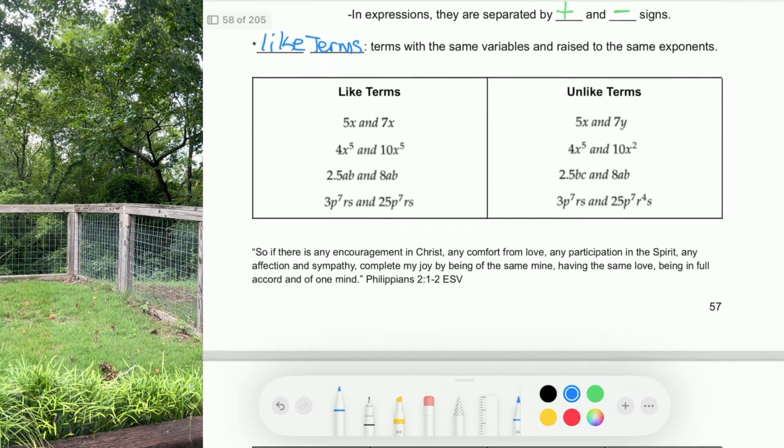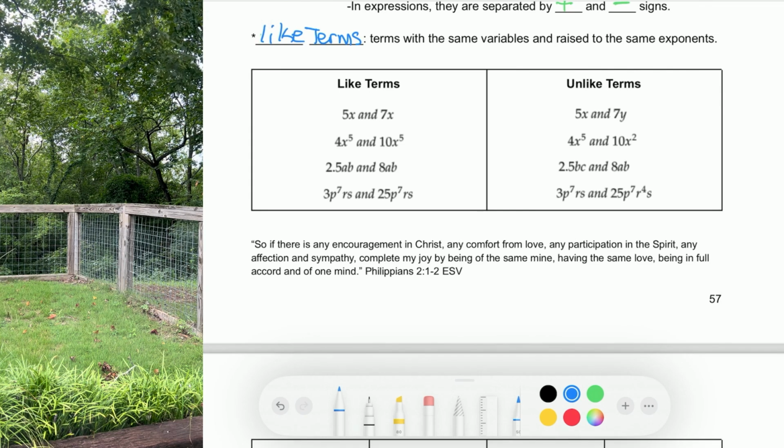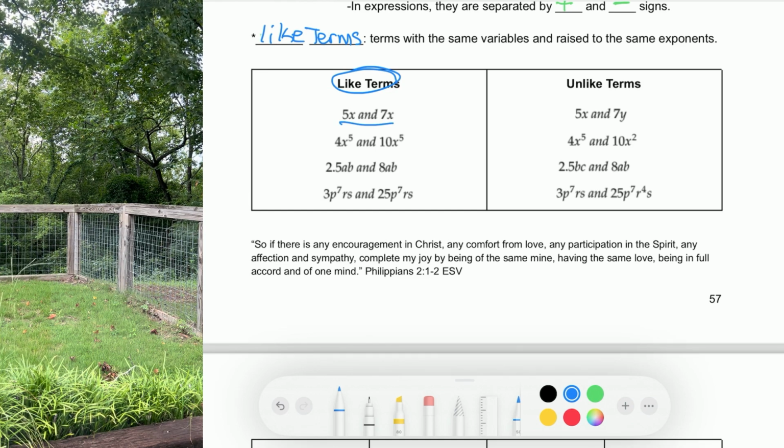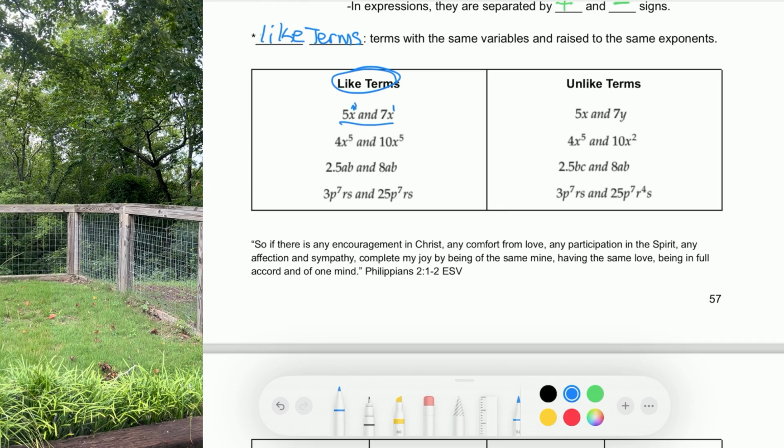Now let's look at like terms versus unlike terms. So in the like terms box here, we have 5x and 7x. These are considered alike because the x is raised to the same exponent. The 5 and 7 are different, but that's not what matters. It's the variable. So the variable x is raised to an invisible 1. It has an exponent of an invisible 1 here.